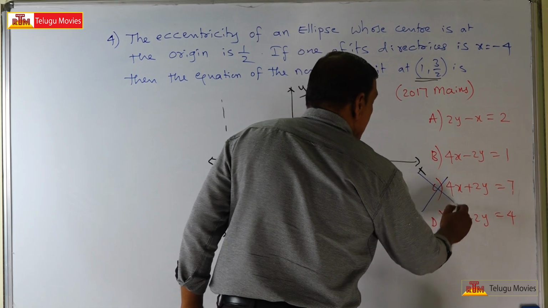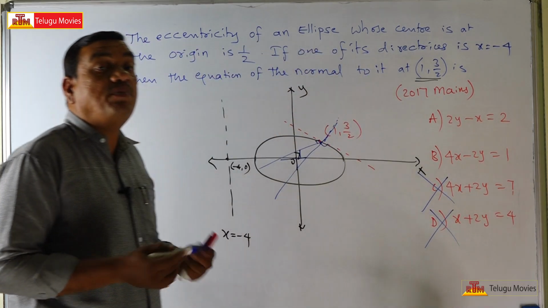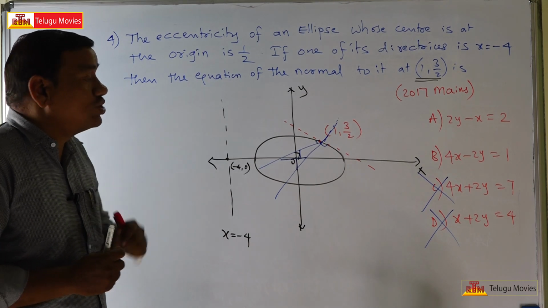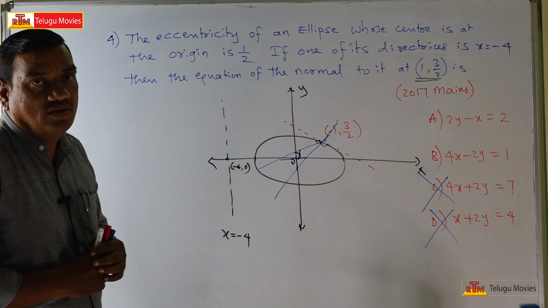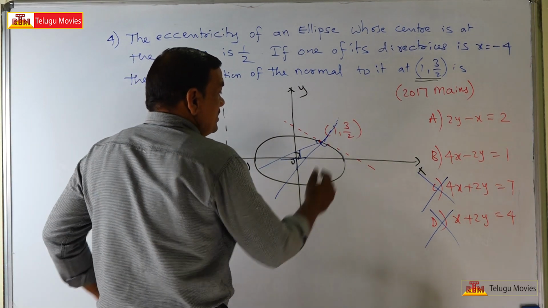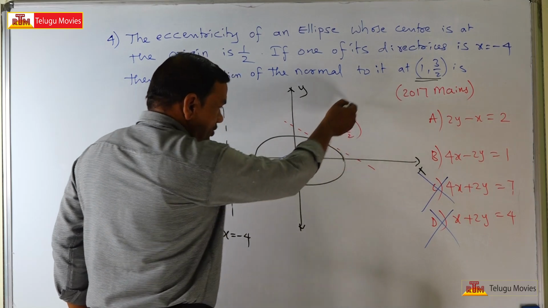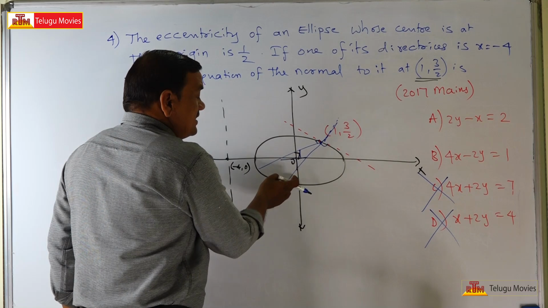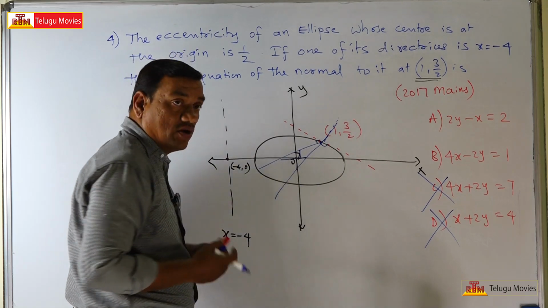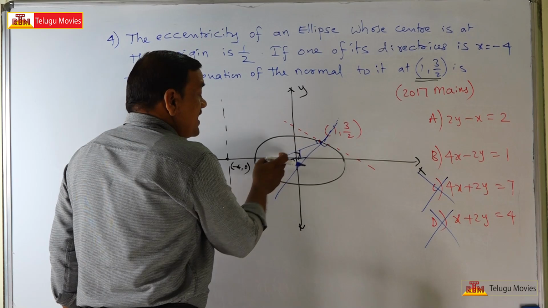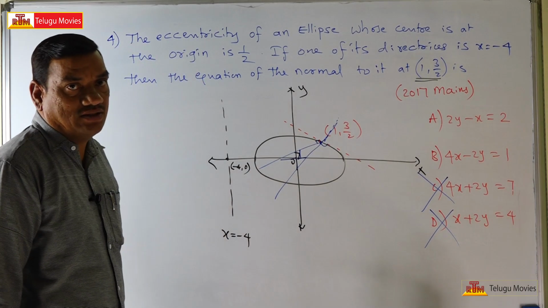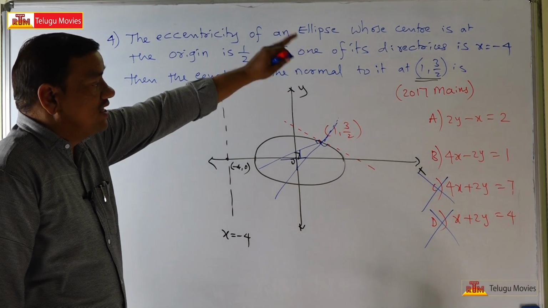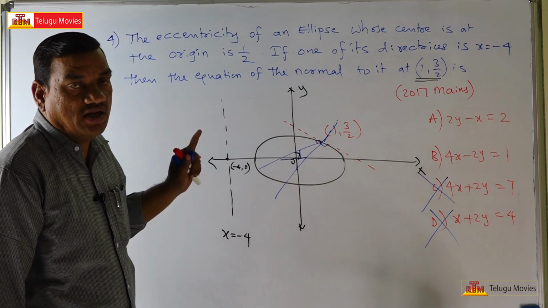Therefore options C and D cannot be your answers, because the normal should cross the positive x-axis and negative y-axis, or the positive y-axis and negative x-axis. The intercepts should be on opposite sides. So your answer is either A or B.